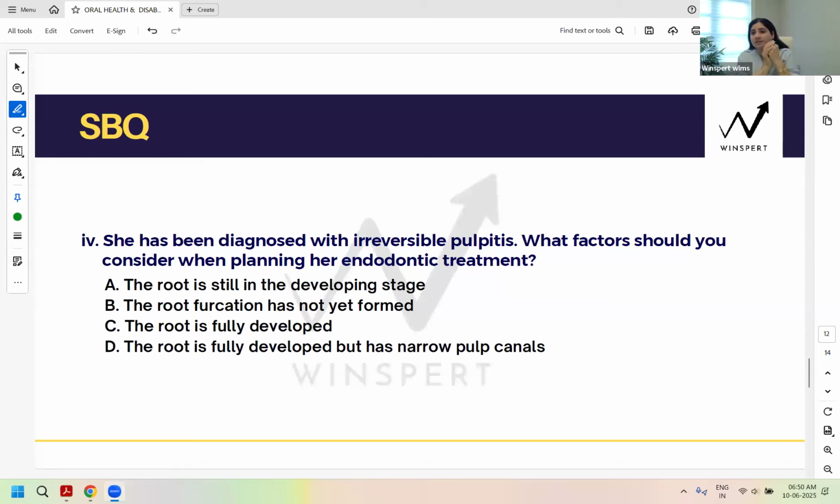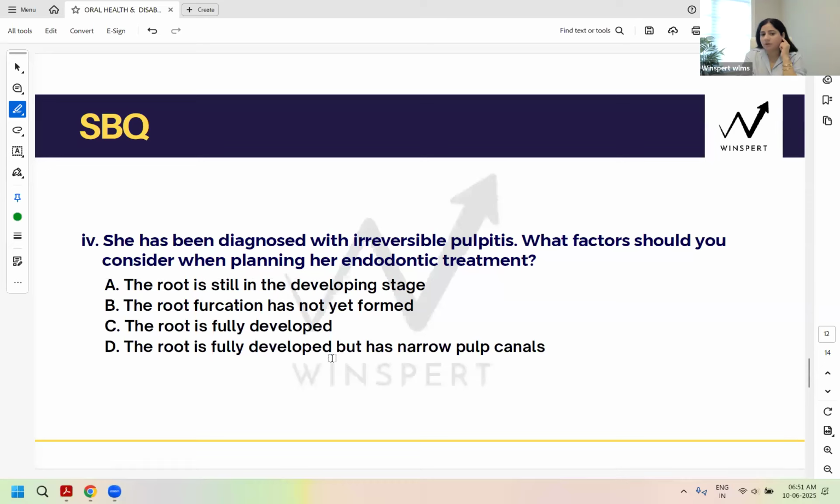So if there is irreversible pulpitis, what factor would you consider when you're planning her endodontic treatment? At the age of 14, and it's the 6 that is involved, what should be the status of the root? So is it still in the developing stage? Furcation not formed yet?